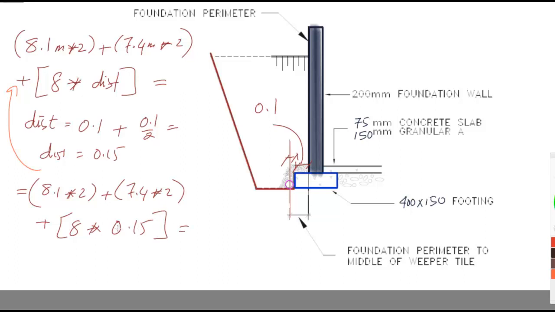So let's do the numbers: 8.1 multiplied by 2, plus 7.4 multiplied by 2, plus 8 multiplied by 0.15, is equal to 32.2 meter long. So that's the calculation for the weeper tile.